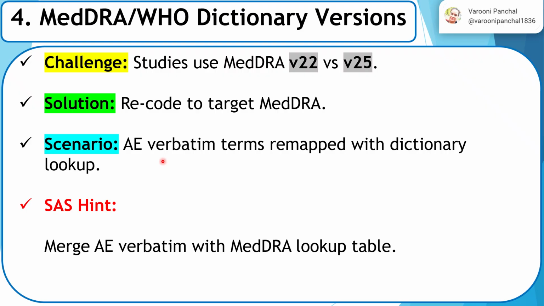So a scenario could be that the AE verbatim terms need to be remapped with a dictionary lookup, right? You need to combine the AE verbatim terms from all the 12 individual studies, and you might have to consider recoding them with the help of a MedDRA lookup table, right? Say around 6 studies were done on version 22, whereas 4 studies were done on version 25.